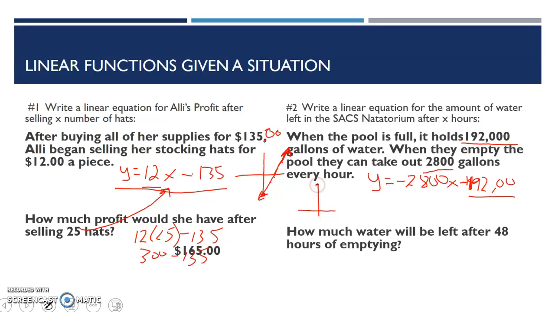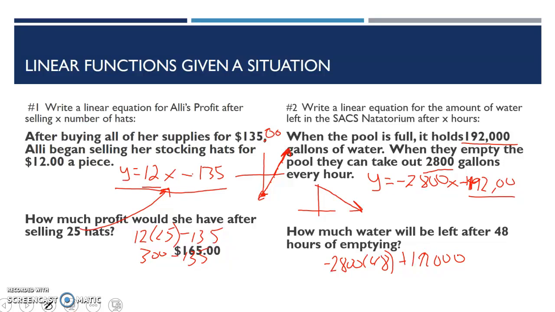We started with 192,000 gallons of water, but every hour we lose 2,800 gallons. So it's a negative slope. It's going downhill. So how much water will be left after 48 hours of emptying? Well, we're going to take negative 2,800 times 48, which is 2 days, plus we started with 192,000 gallons.